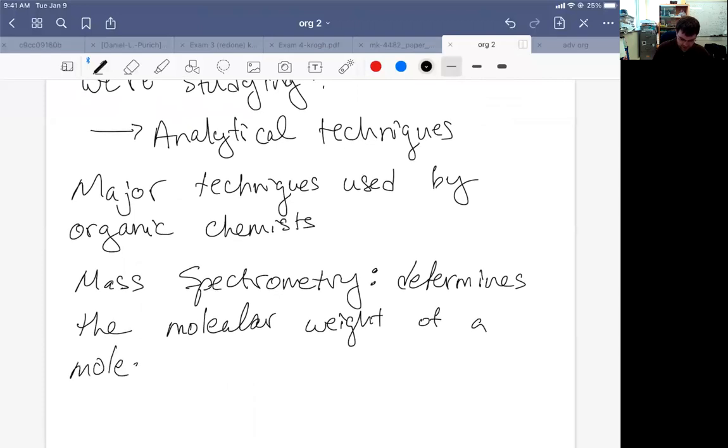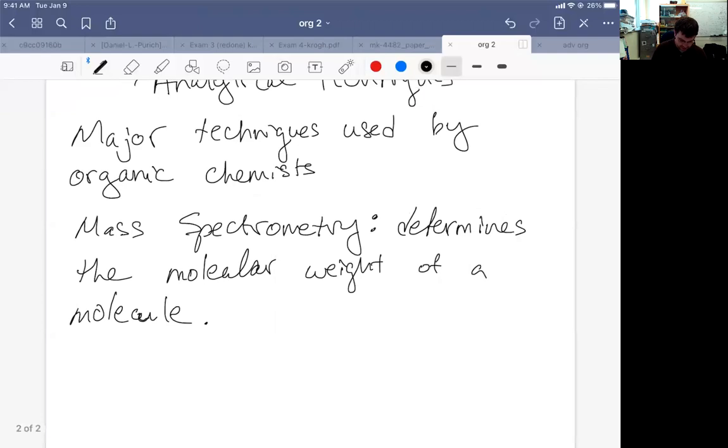If you inject some white powder or colorless oil into a mass spectrometry instrument, it will tell you what the molecular weight is of that stuff. It's not a balance. You inject a gram, it's not going to give back a gram. Rather, if you inject water and the instrument is tuned so that it can detect water, it will tell you that whatever you injected has a mass of 18 grams per mole. So it gives you the molecular weight of a molecule, which is great.